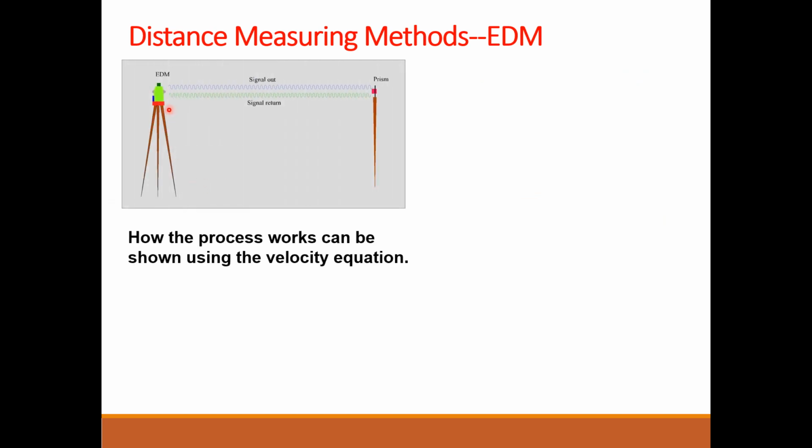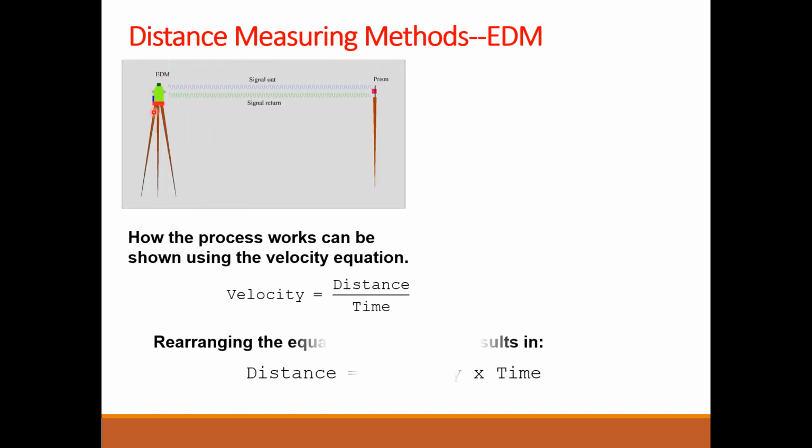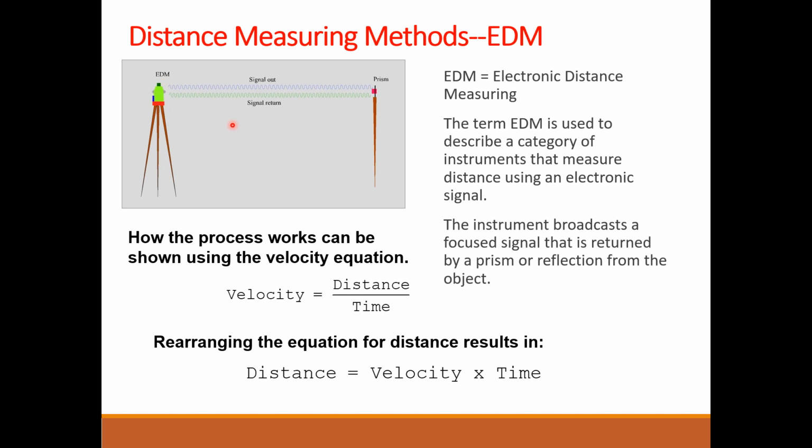Here you can see it is an EDM device, electronic distance meter, and a prism is placed at some unknown point. Signal out is indicating an infrared light beam is emerging from the EDM device. It strikes the prism and rebounds back to the EDM device, which is indicated by the signal return as a green line.